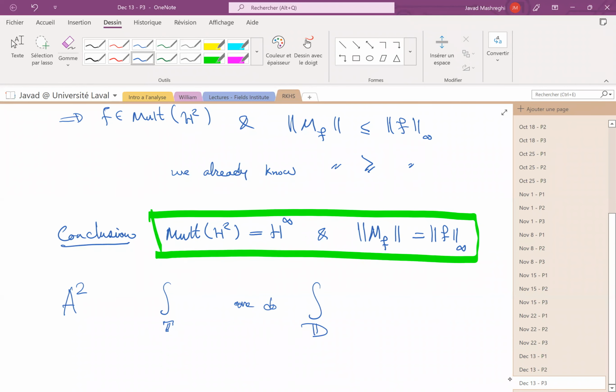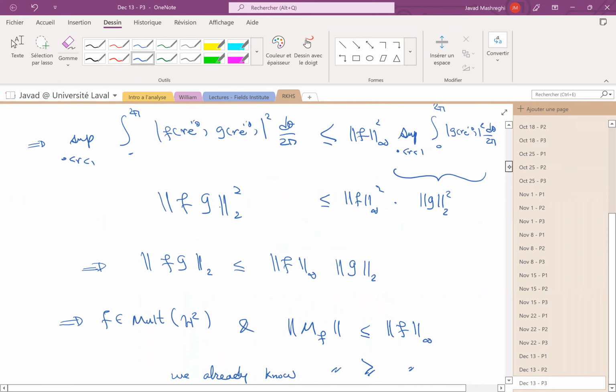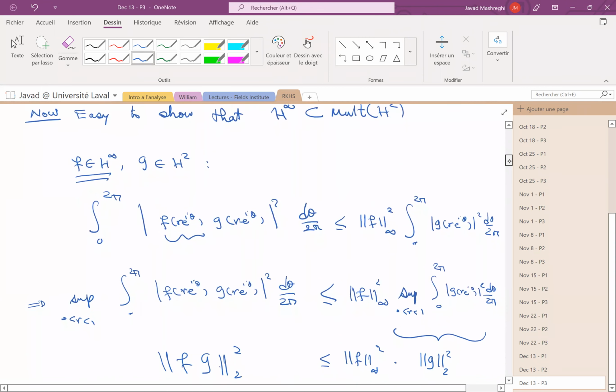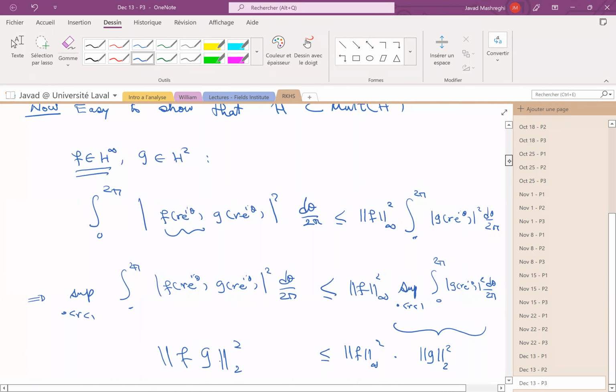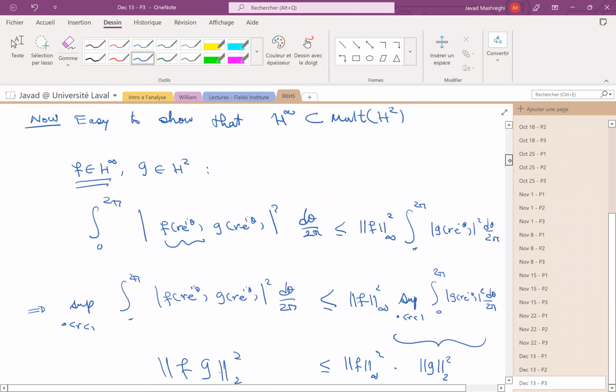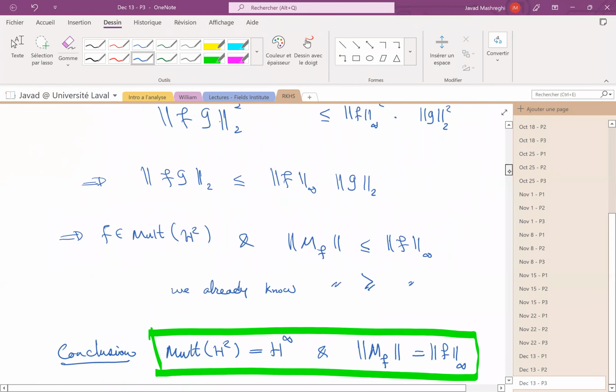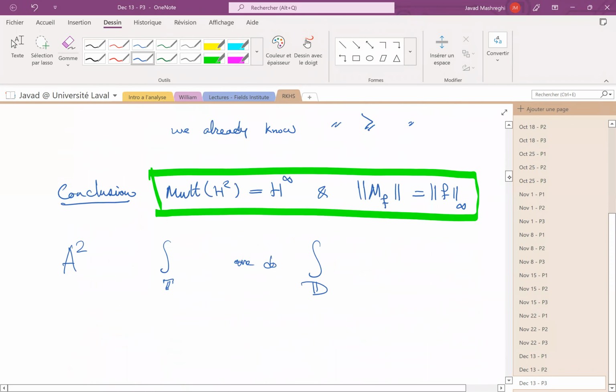All the calculation I did here you can modify a little bit, replacing the integral from 0 to pi by an integral over D, and do pretty much the same thing up to the end and conclude that the multiplier algebra of A2 is also H infinity with the same norm. That's good. So I add A2 here and we obtain the same thing.